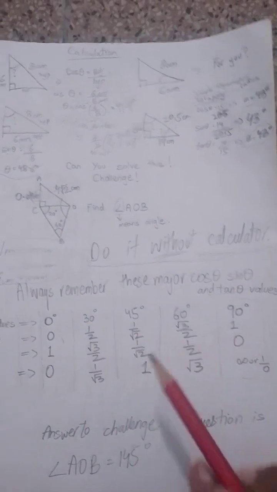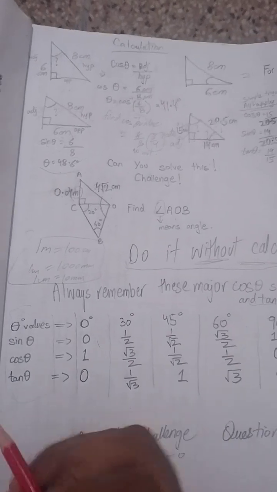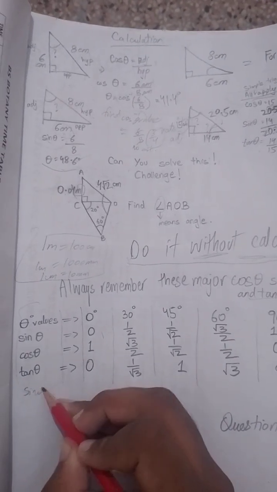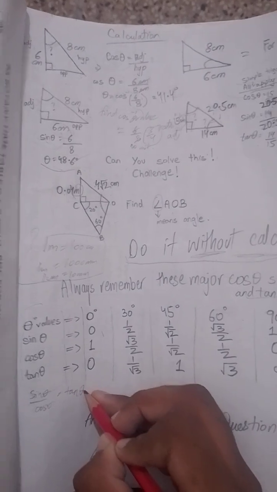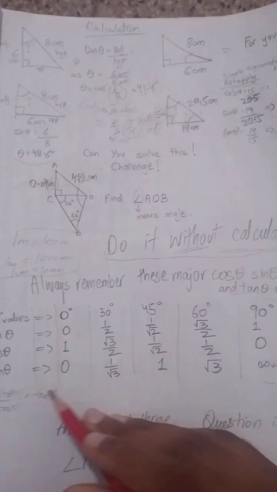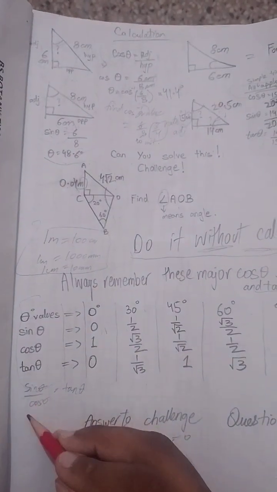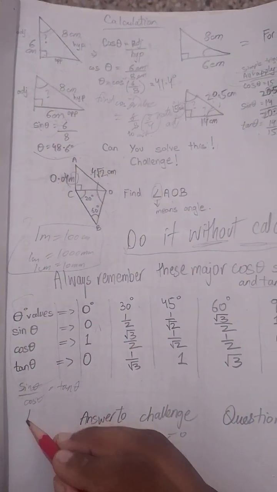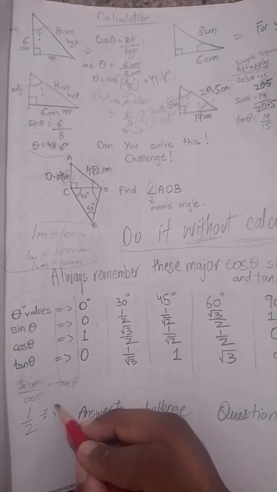There is a trick for tan theta. If you know the values of sin theta and cos theta, then you can use sin theta over cos theta equals tan theta. For instance, if you forget the value of tan 30, then you can use the values of sin 30, which is 1 over 2, divided by cos 30, which is root 3 over 2.